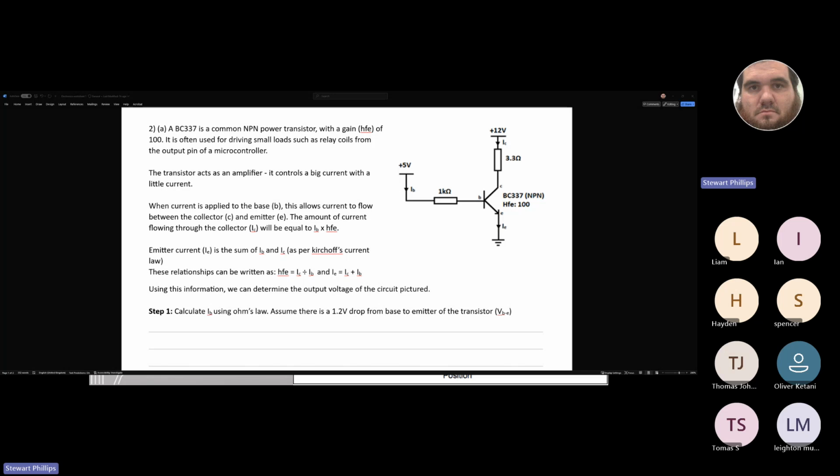If IC, the current flowing through the collector, is equal to IB times HFE, or the gain, what would be the current coming through at IE?